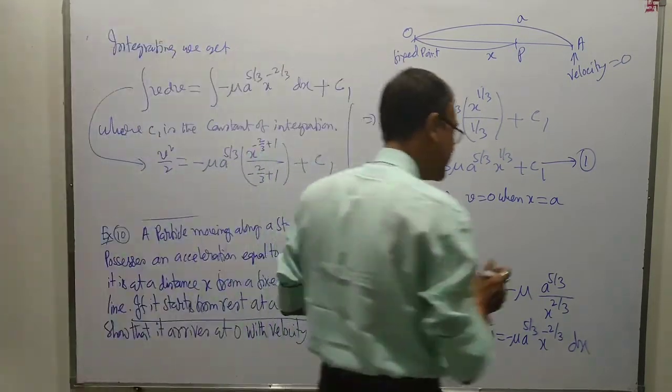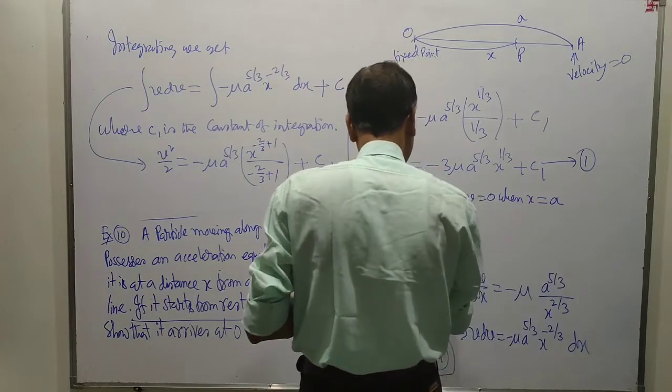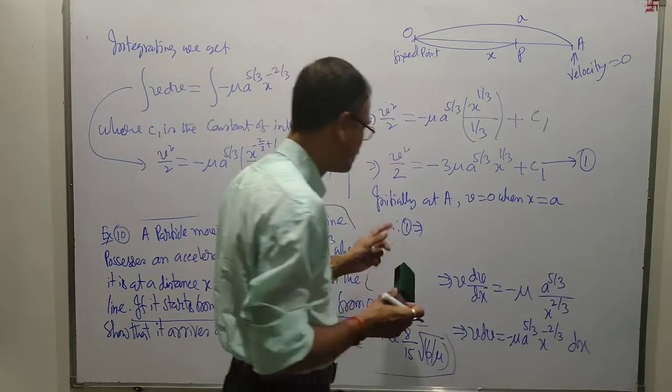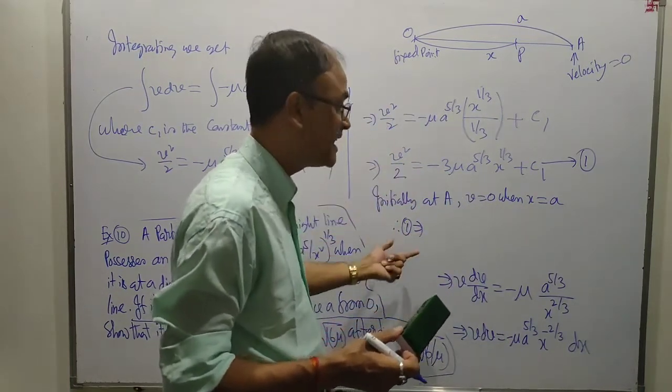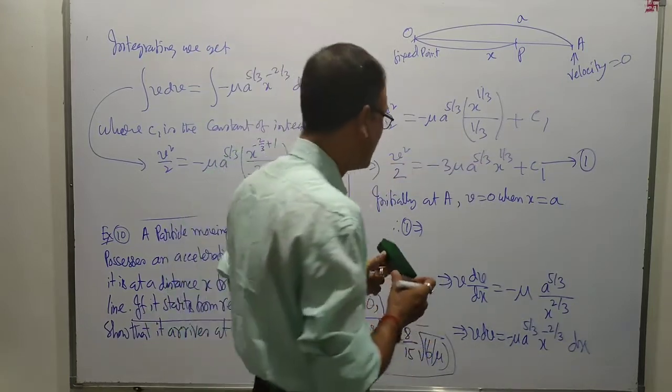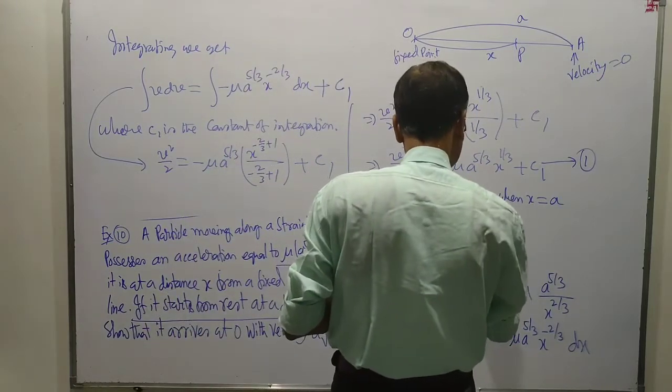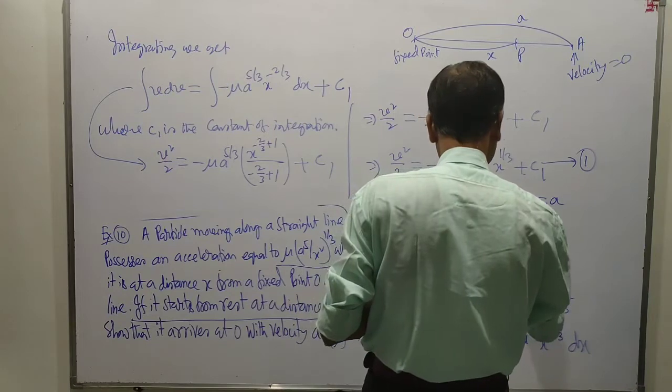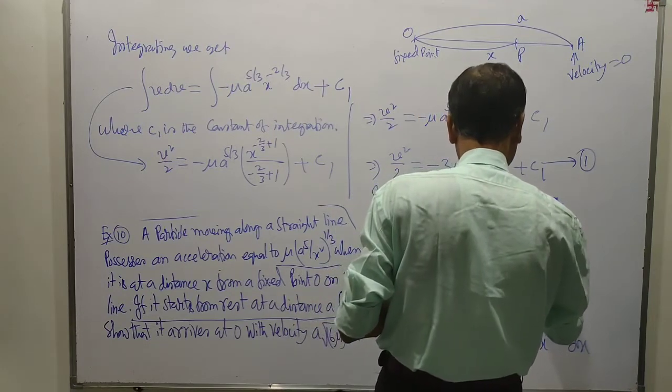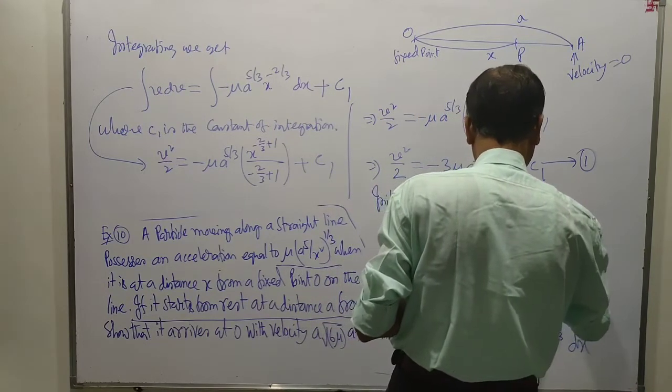Therefore from 1 we get 0 equal to minus thrice mu a to the power 5 by 3 a to the power 1 by 3 plus C1.